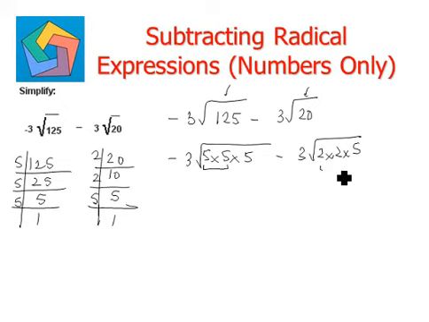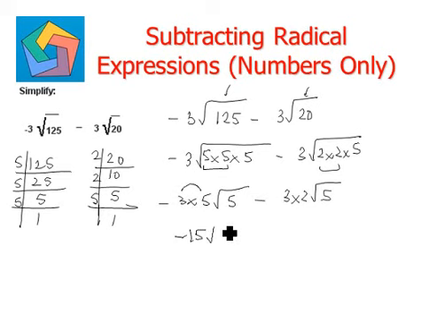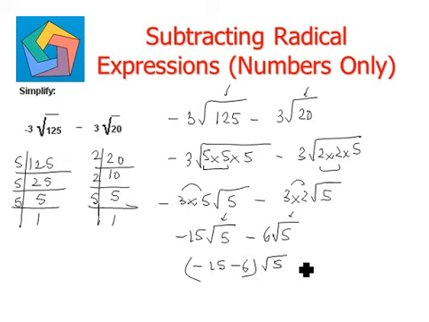So this is negative 3 times 5 square root of 5 minus 3 times 2 square root of 5. Negative 3 times 5 is negative 15 square root of 5, minus 3 times 2 is 6. So now inside the radical we have the same numbers, so they can be subtracted. Negative 15 minus 6 square root of 5 equals negative 21 root of 5, which is our final answer.